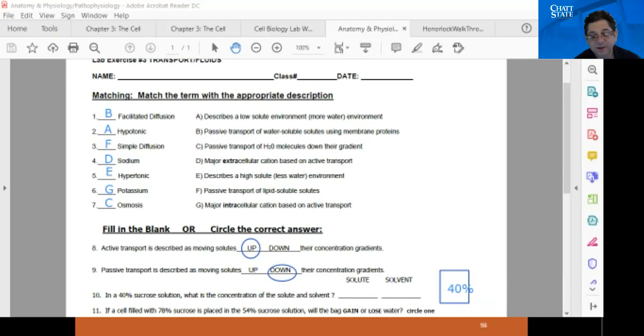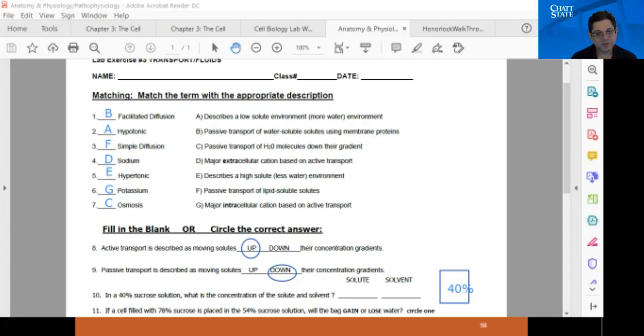If you see a beaker labeled 40% sucrose, here's the question. What is the solute in that solution? The sucrose, perfect. So the question was basically the same thing as the answer. If it's labeled 40% sucrose, the sucrose is the solute. That's what I'm trying to get across.